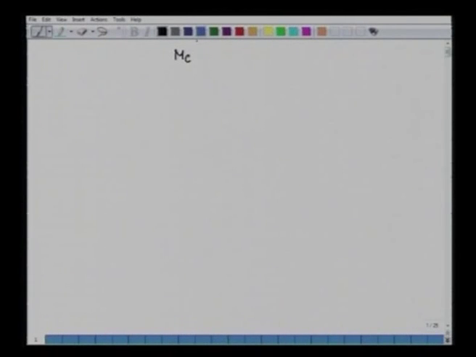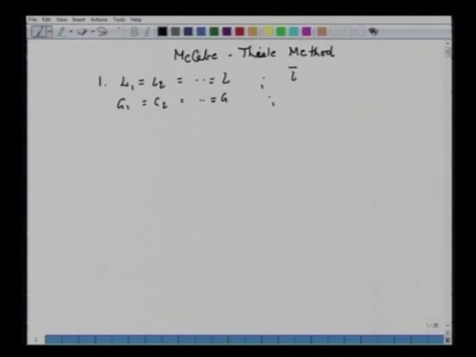All right, so we continue with the McCabe-Thiele method. The first thing, just note down that we have all L1, L2 the same as L, and all G1, G2 the same as G, and similarly we have L bar and G bar for the enriching section and for the stripping section.